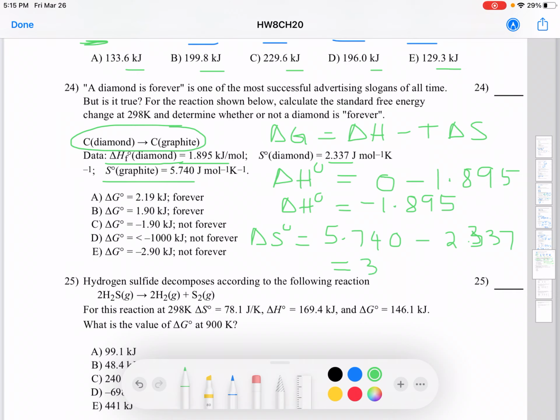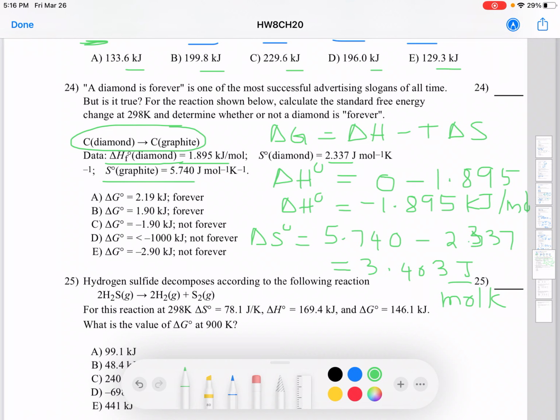This would be 3.403 joules per mole per Kelvin, and you need to convert it to kilojoules because the answers are given in kilojoule. And then the delta H, 1.895, also here kilojoules per mole.